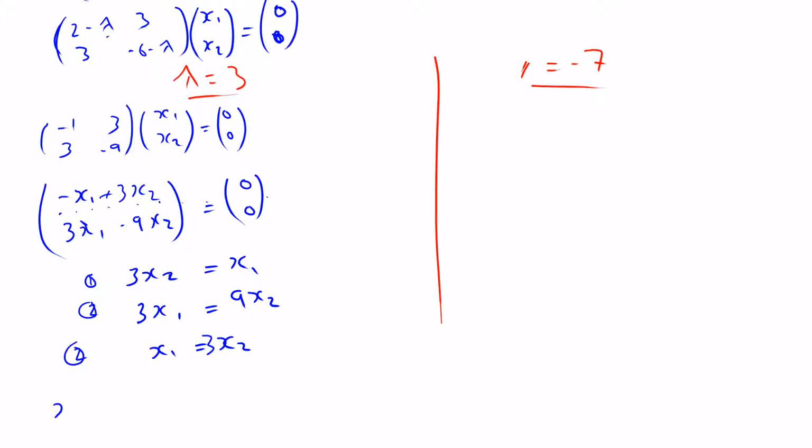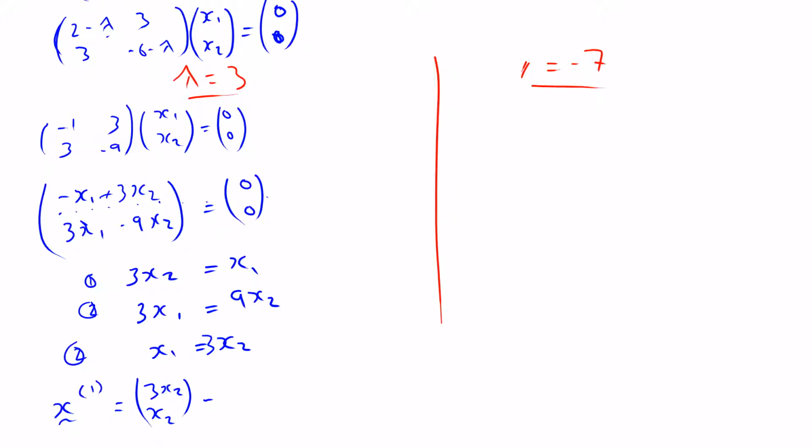So our first eigenvector x is going to be the point where we have 3x2, x2, and this is a set of different column vectors.